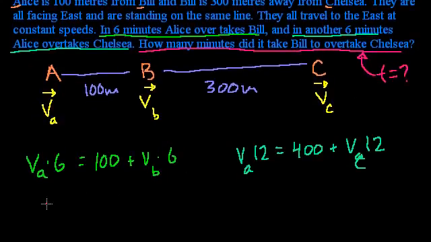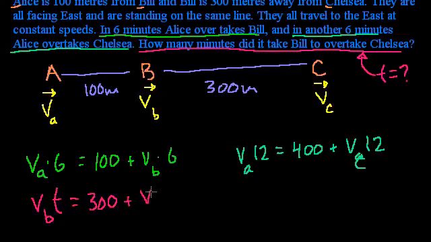So that tells us that the velocity of Bill times this time is going to be equal to, for him to overtake Chelsea, he has to travel 300 meters more than her in that same amount of time. So he has to go 300 meters more than how far Chelsea travels in that time. So that's what this is. And then we essentially are just trying to solve for this time. We want to be able to solve for this.